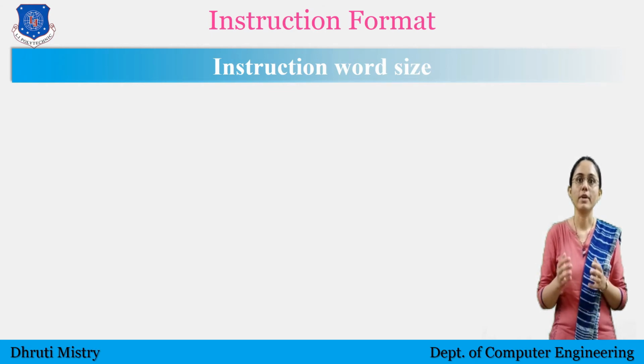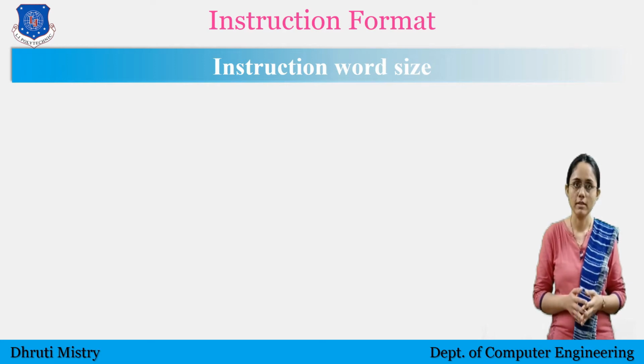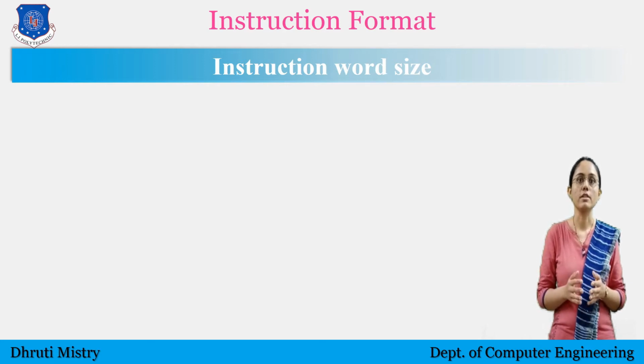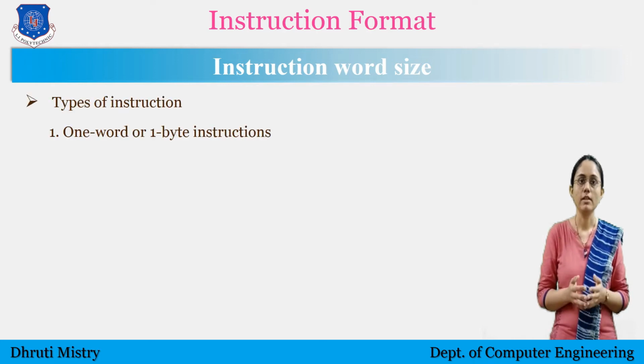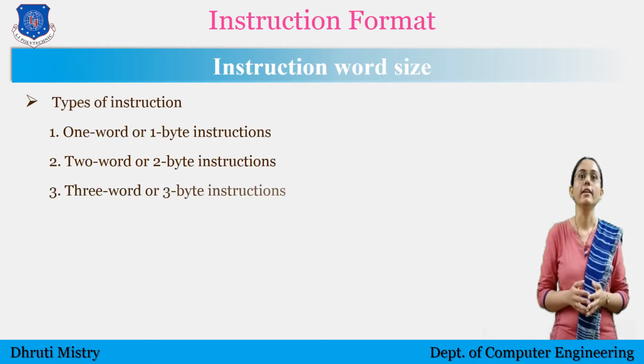The length is measured in terms of byte rather than word because 8085 microprocessor has 8-bit data bus. 3 types of instruction according to word size are 1 byte instruction, 2 byte instruction and 3 byte instruction.